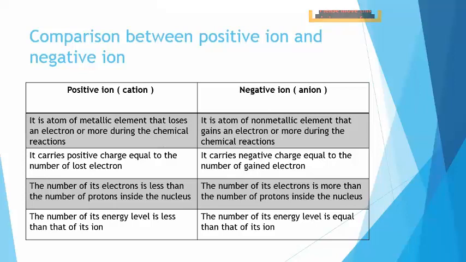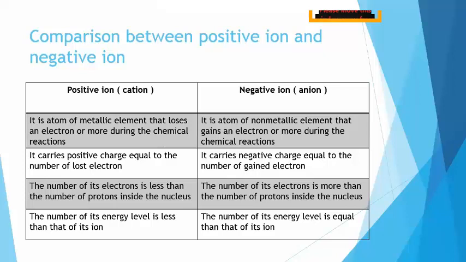Number 3, in a positive ion, the number of electrons is less than the number of protons inside the nucleus. But in a negative ion, the number of electrons is more than the number of protons inside the nucleus. The last one, the number of energy levels in the positive ion is less than that of its atom. Why?